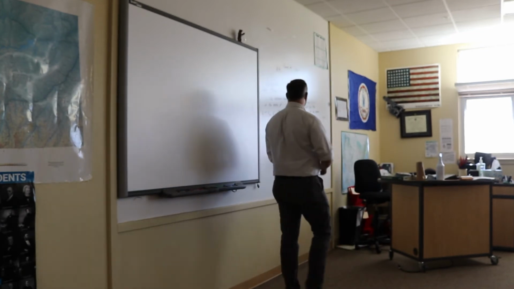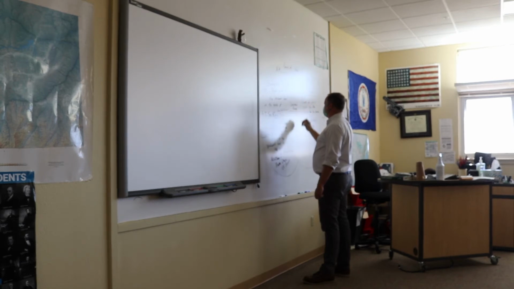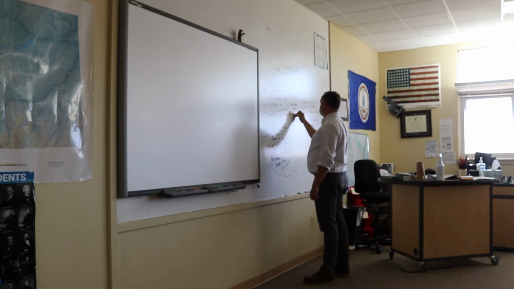All right, we're almost there. The next thing I will say is, let's go into the middle here. These are what we call concurrent powers. Both national and state are allowed to exercise these powers.